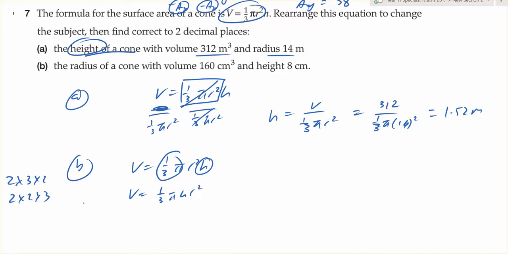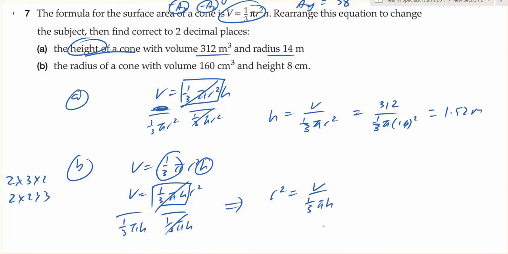I've just rearranged the order of the multiplication to clearly see that to get r squared on its own, I need to divide both sides by a third pi h. So this gives me r squared equals, that cancels, V divided by a third pi h. R alone is plus or minus the square root of V over a third pi h.